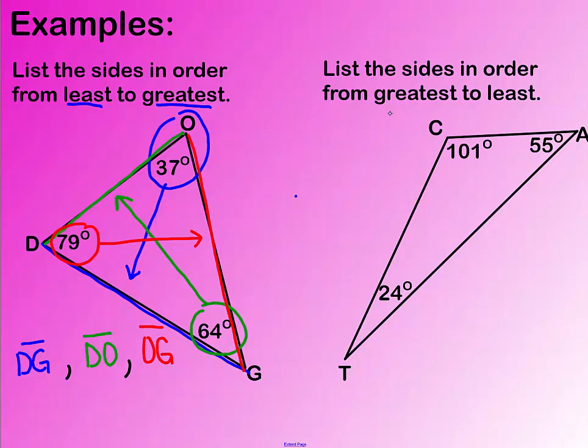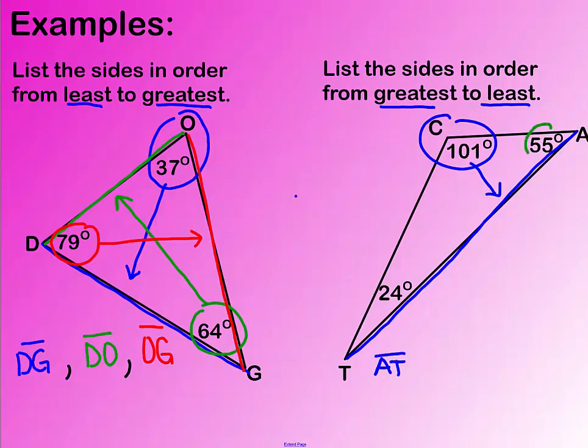In the next one, I want to go from greatest to least. I'm going to find my largest angle and go across from it, so it's 101. And the side across from that is AT. The next largest angle is 55, and I go across to the side across from it, CT.